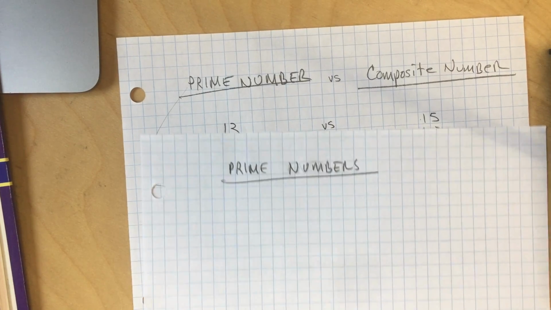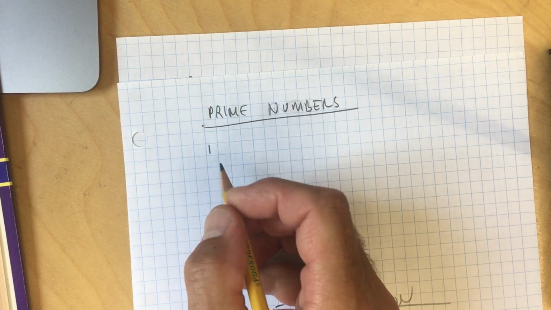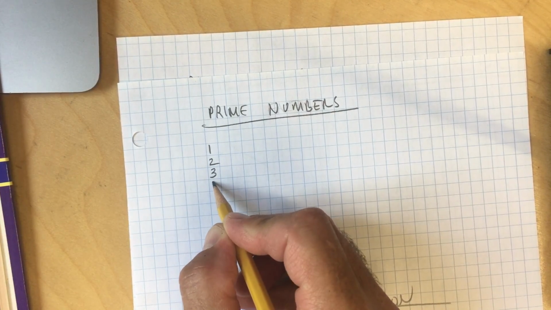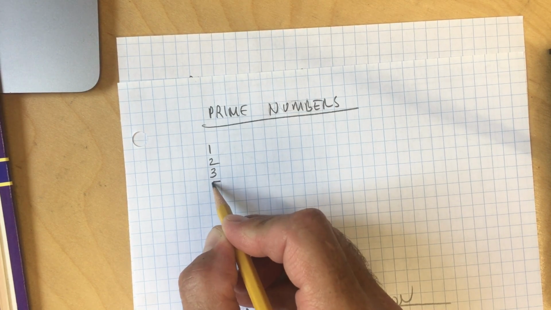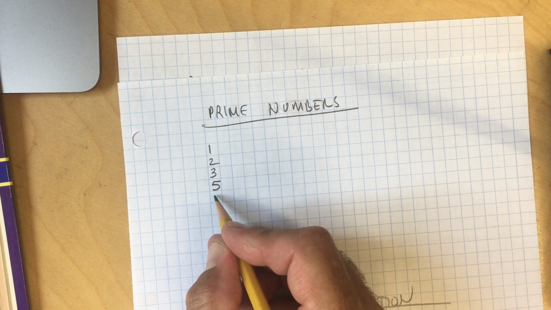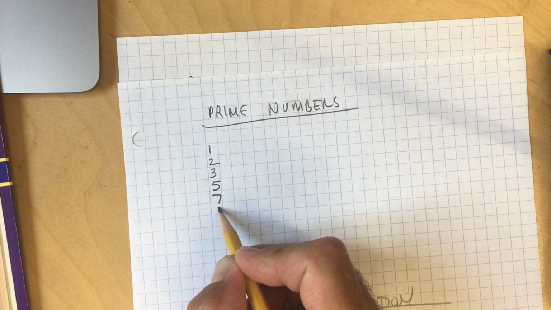So for example, what are some prime numbers? Well, 1, 2, 3, 4 is not, because 2 times 2. 5. 6 is not, because 2 times 3. 7. 8 is not, because 2 times 4.